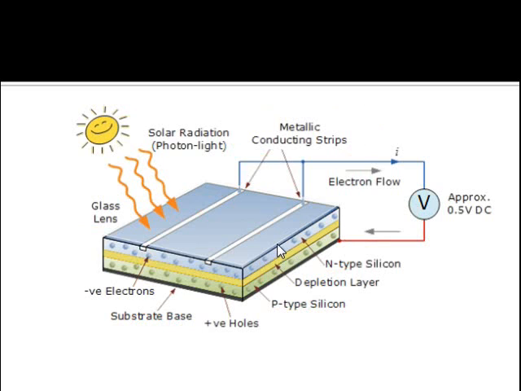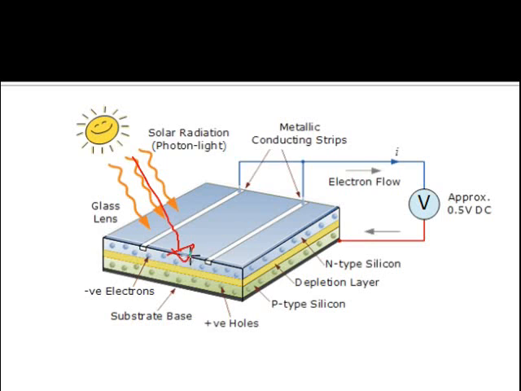Now the process, as I have explained, the solar radiation comes and falls at the junction. There will be a very thin layer of N-type silicon, so that the light passes through this layer and falls at the junction.